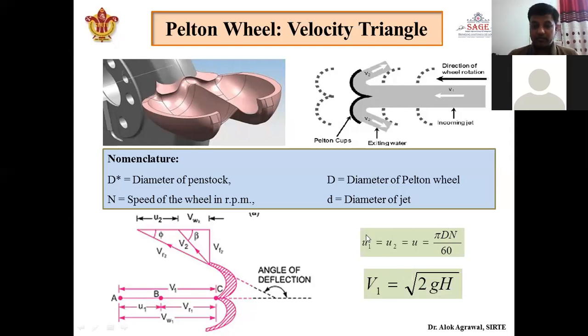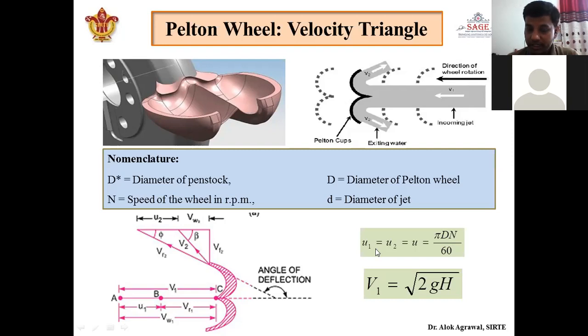As we have seen, during entry and exit of the jet from the bucket, the distance of the jet from the center will remain the same. It will not change, and we know that tangential velocity is a function of RPM and diameter of wheel.